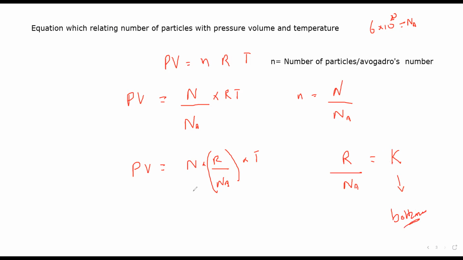So the formula which relates the number of particles with pressure, volume, and temperature is PV equals NkT. The pressure should be in Pascal, volume should be in meter cube, k is the Boltzmann constant and T is the absolute temperature. Is this part clear?